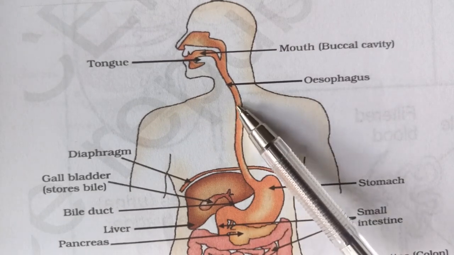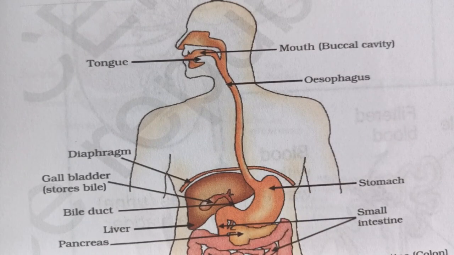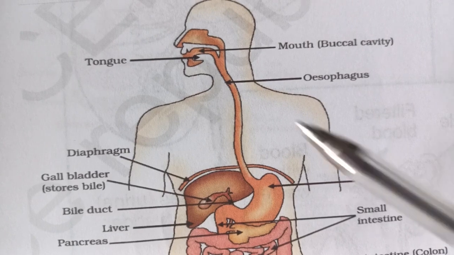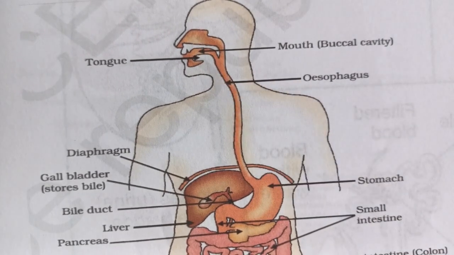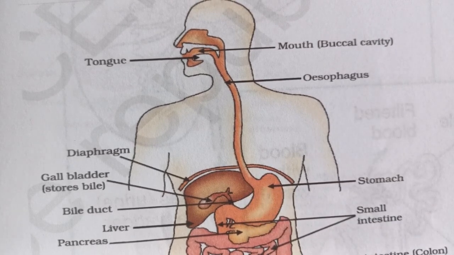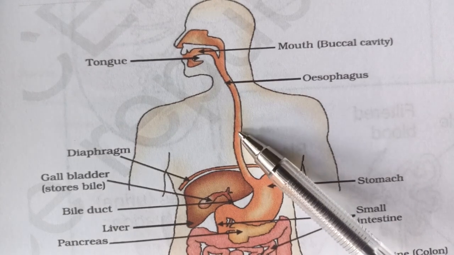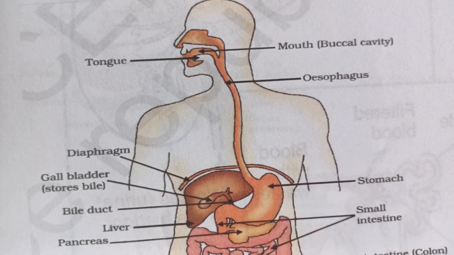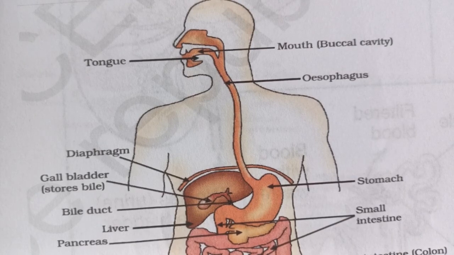The muscles in the wall of this canal contract rhythmically in order to push the food forward from the mouth towards the lower structures of the alimentary canal. These rhythmic contractions of the muscles in the alimentary tract, these movements, are called peristaltic movements, and they occur all along the gut.